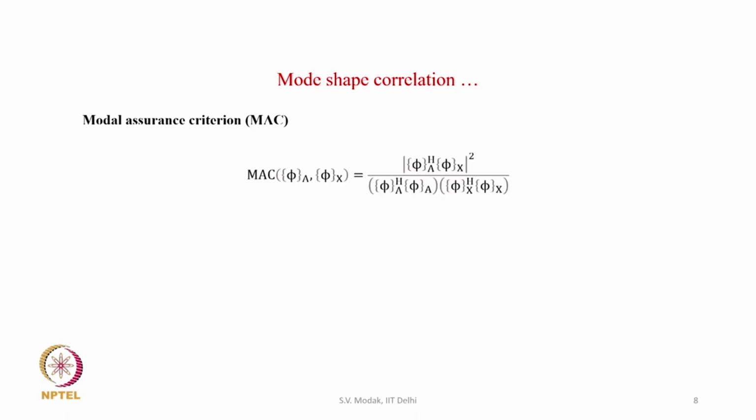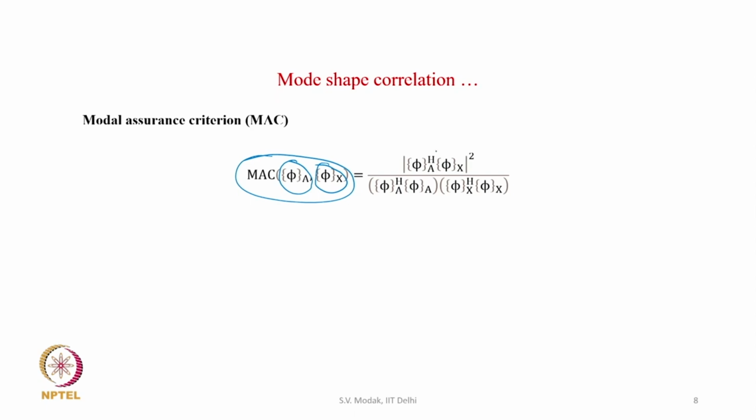You can see on the left hand side, this represents the MAC, or the modal assurance criterion, between the analytical or FE model mode and the experimental mode. Here, subscript A is used to represent the analytical or FE model quantity, and subscript X is used to represent its association with the experiment or modal test. The MAC value is computed by the expression shown on the right hand side.